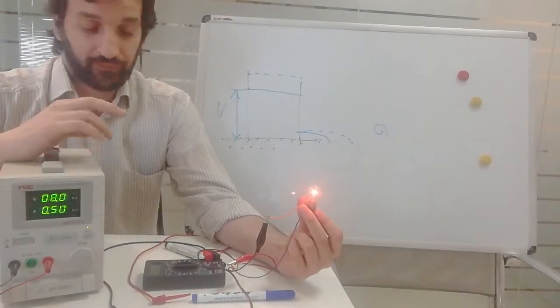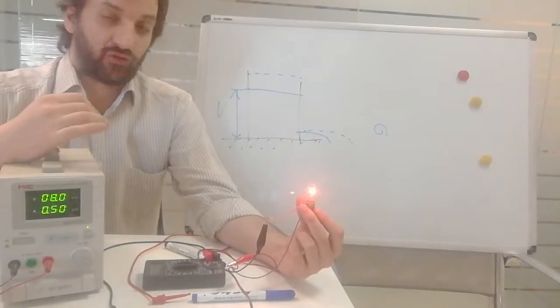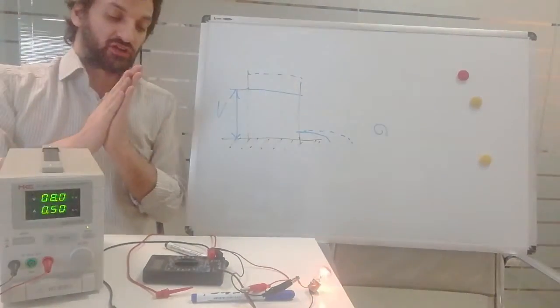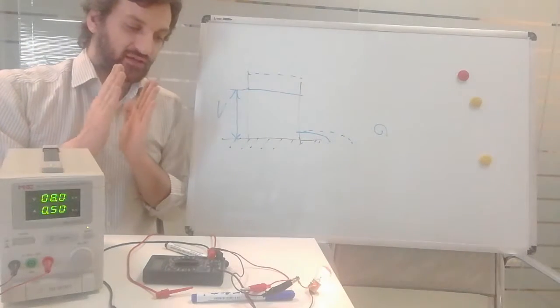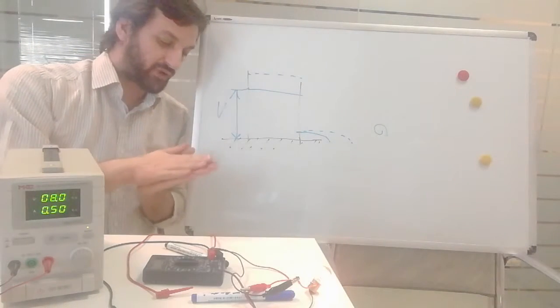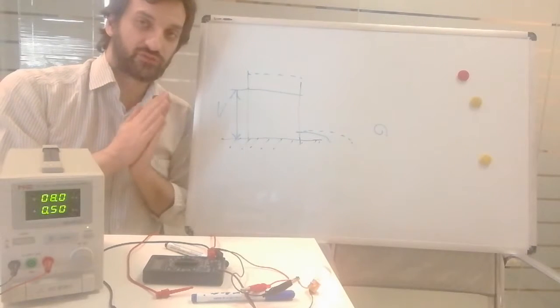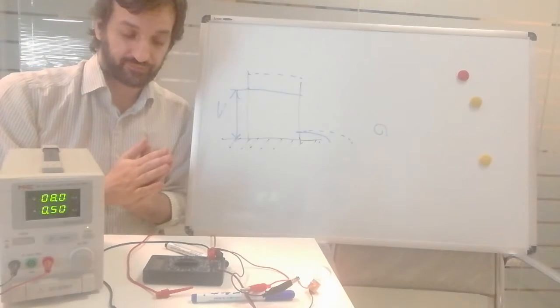It's the same. So that's the flow. Current is measured in ampere, and saying ampere is the exact same as saying coulombs per second.